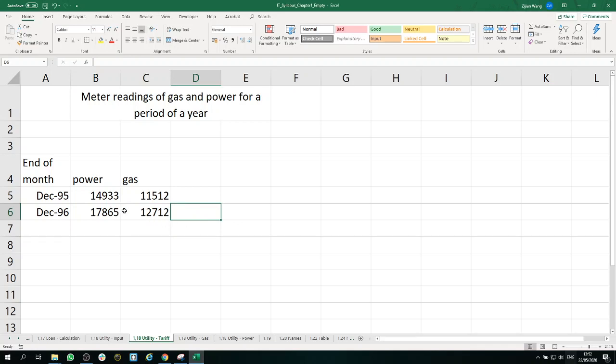We have the data of the gas that recorded in December 1995, and we also have the gas amount recorded in December 1996. So the difference of these two would be the usage of the year 1996. So it should be this one minus that one.